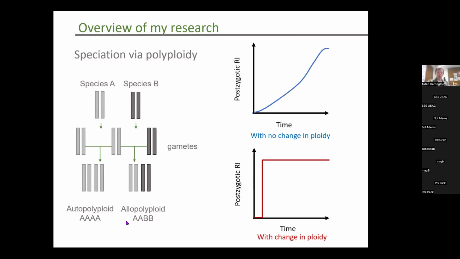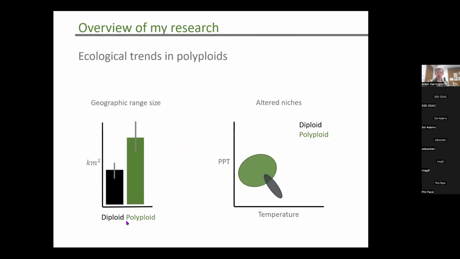Moving beyond speciation, following the origin of a new species via polyploidy, there are common trends that are thought to occur in polyploids.